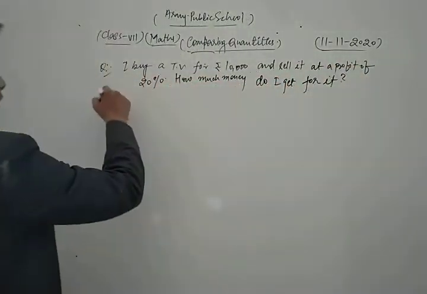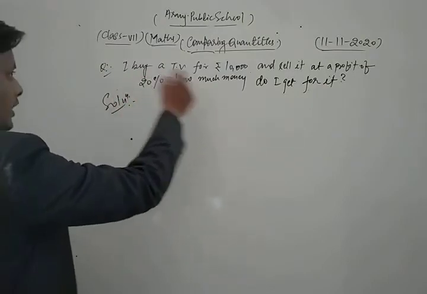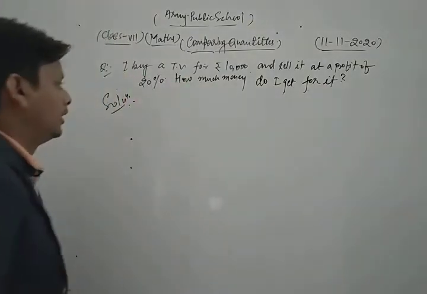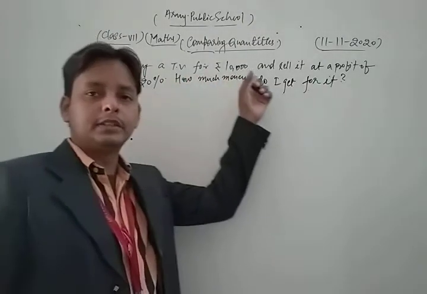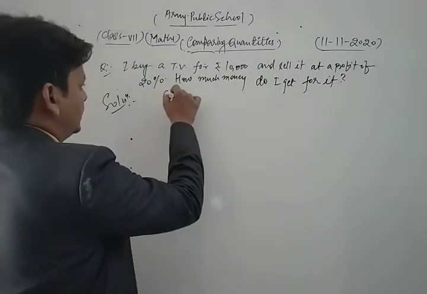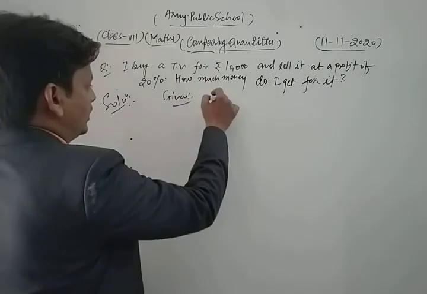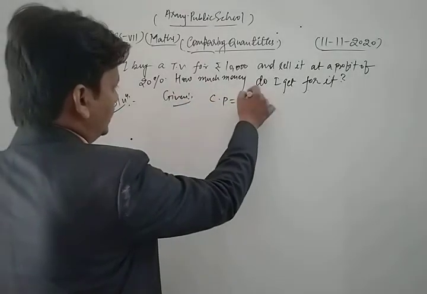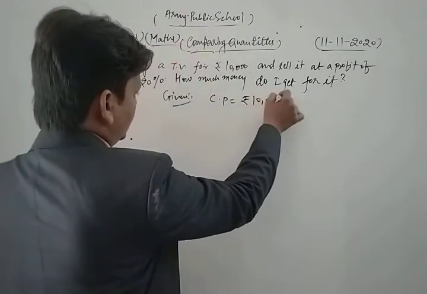Now let's see the solution. Dear student, first of all, in that question, what are the given values? Here, buying the TV for rupees means the cost price is given. So we write the given: cost price is rupees 10,000.